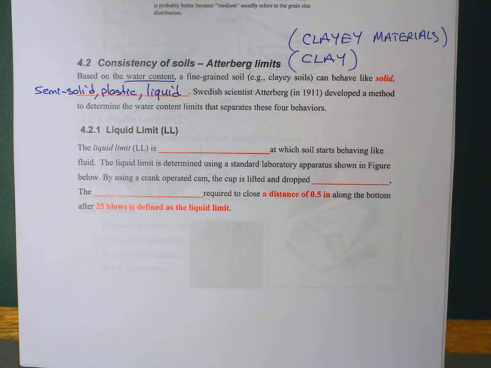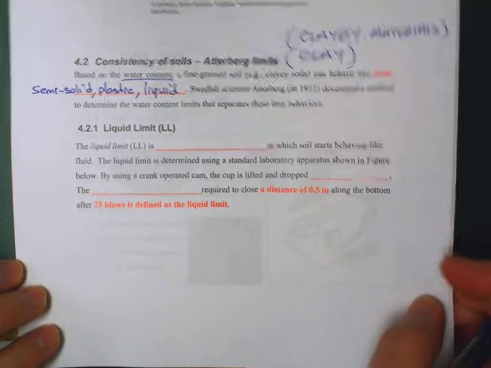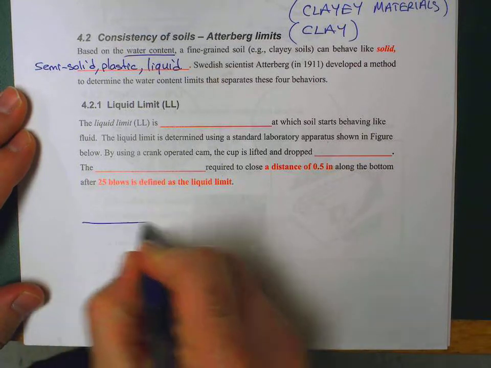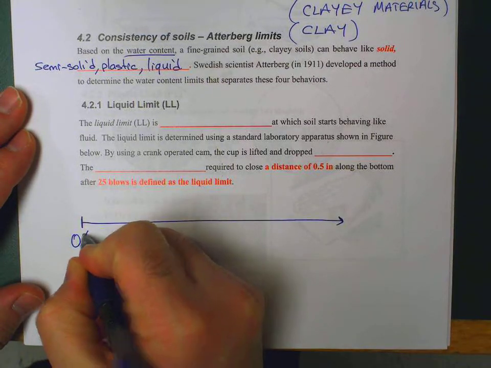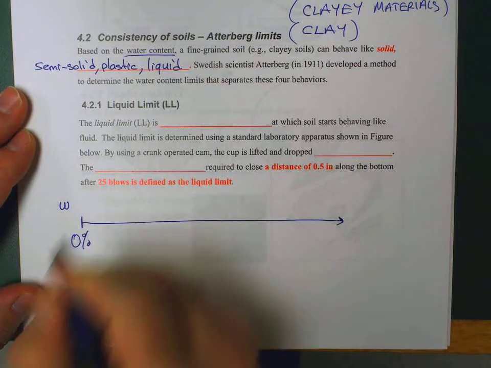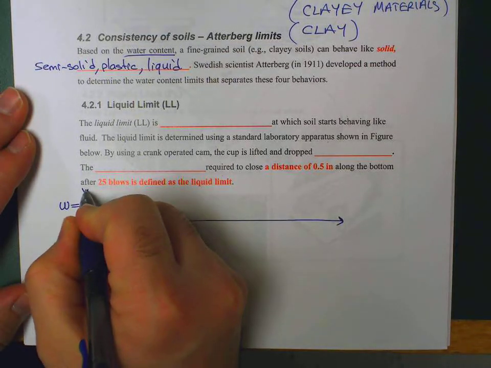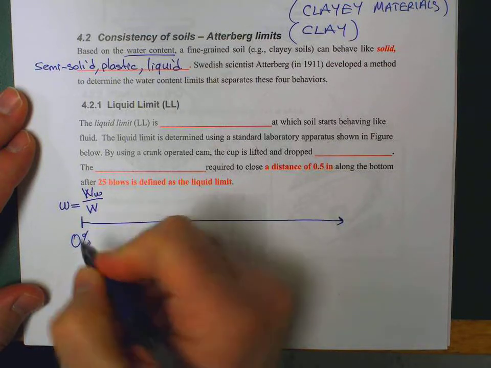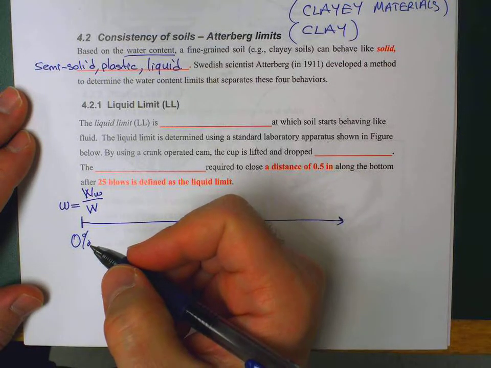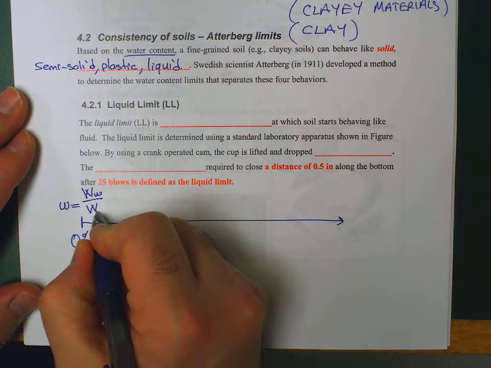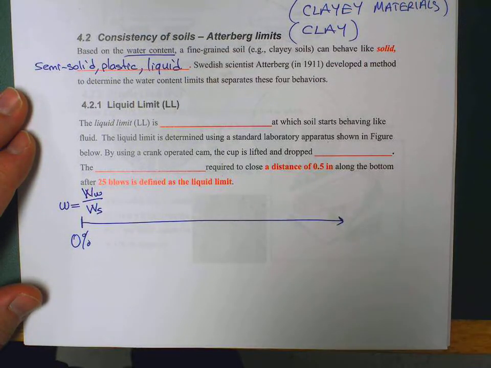As you increase the water content, let's just draw a line. This is 0%. We are talking about moisture content, water content: weight of water divided by weight of, any volunteers, is it total weight? It's the solids. Perfect. Did you know this was an interview question for me?